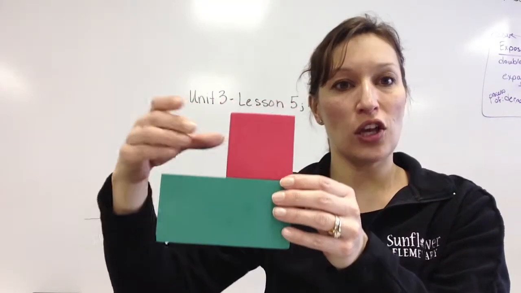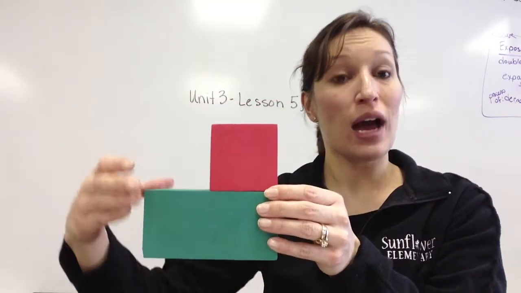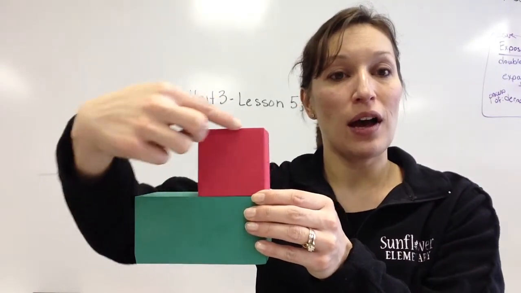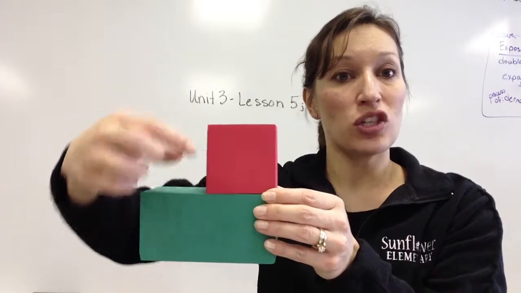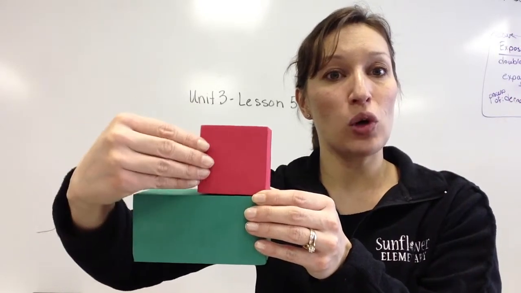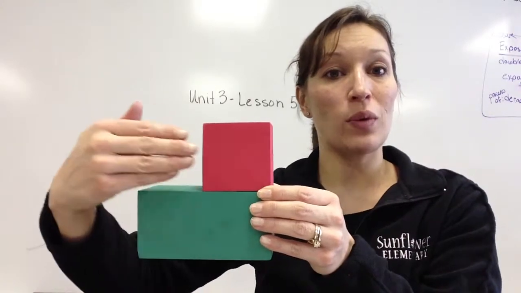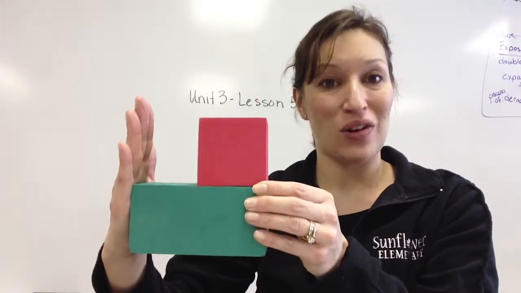If I took this cube and I stretched him out, I would make a rectangular prism, but it would change the shape of this face. If I stretched him, pulled him this way, this face would no longer be square, it would turn into a rectangle face.